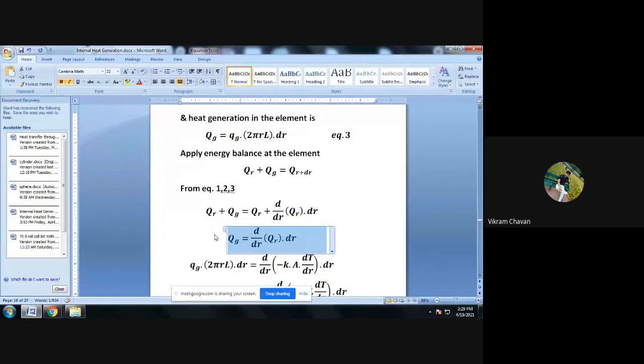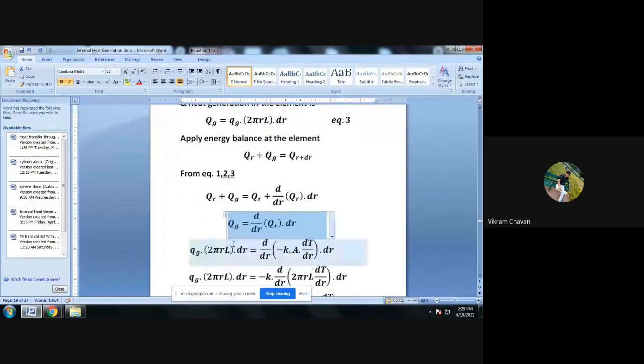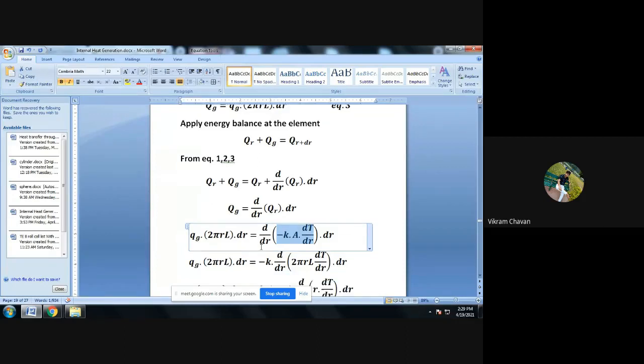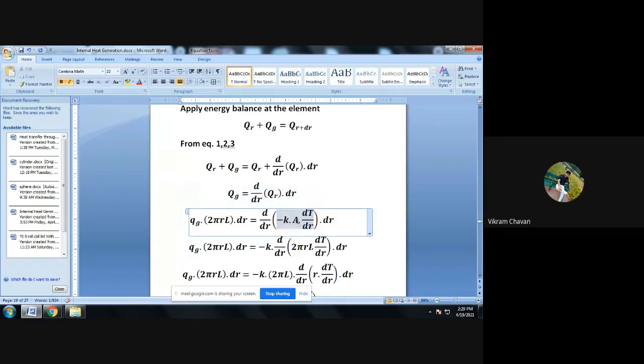Everyone with me? Now next, we know the equation for capital Q suffix G, and that is nothing but small q suffix G multiplied by 2 pi RL multiplied by dr, which is equal to the differentiation of Q suffix R with respect to R. We know the equation for Q suffix R, so we put it inside the differentiation: minus K multiplied by A multiplied by dt divided by dr. The area of the cylindrical element is 2 pi RL, so instead of area we have put 2 pi RL.